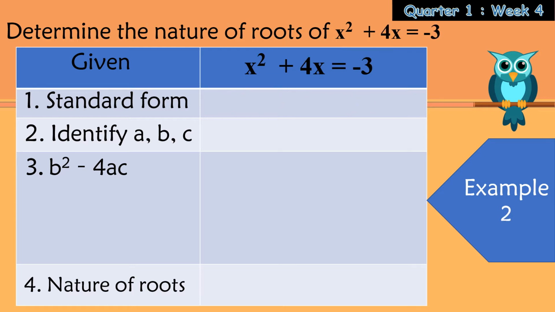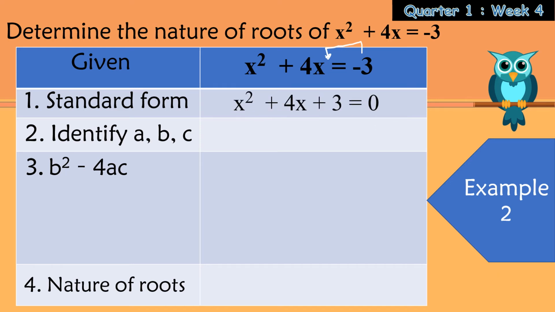So from the given quadratic equation, we have here x squared plus 4x is equal to negative 3. Again, the given quadratic equation is not yet written into its standard form. That's why we have to move negative 3 to the other side of our equation. So from negative 3, this will now become positive. Therefore, the standard form of our given quadratic equation now will be x squared plus 4x plus 3 is equal to 0.